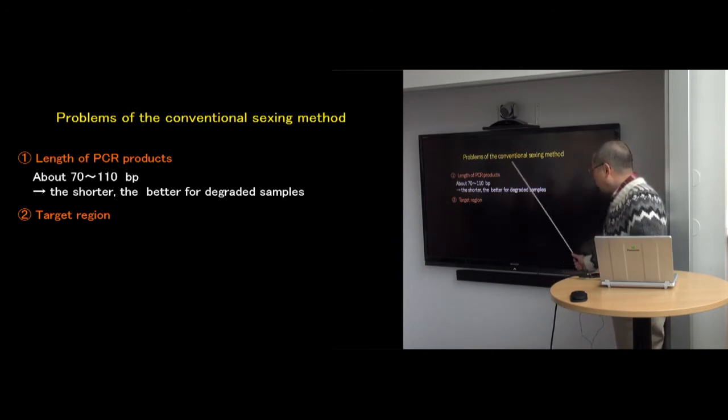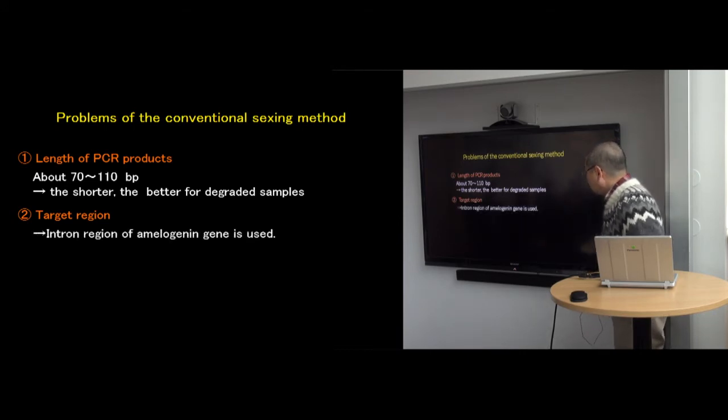Generally, in very, very degraded materials, the shorter the amplicon length, the PCR products, the more reliable results we get in degraded samples. And the next problem is the target region. Generally, in commercial kits, the intron, which means a non-coding region of DNA, is used. The intron region of the amelogenin gene is used.